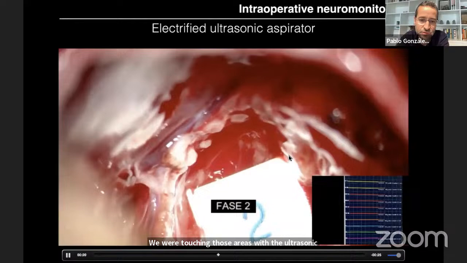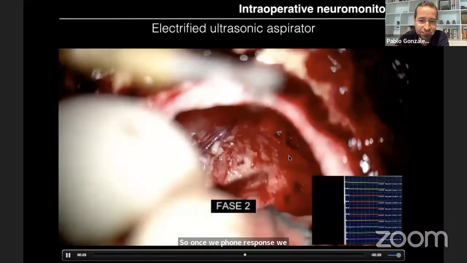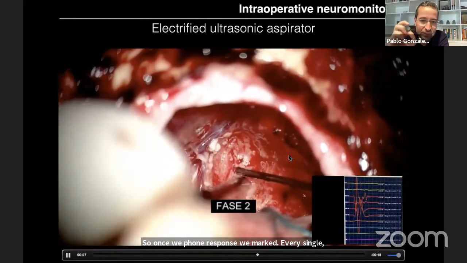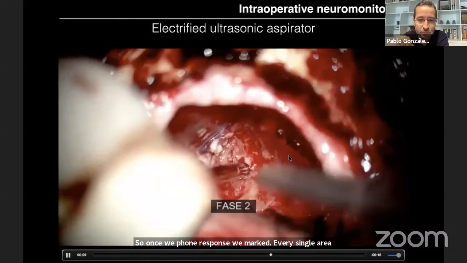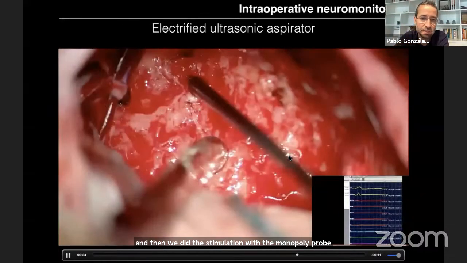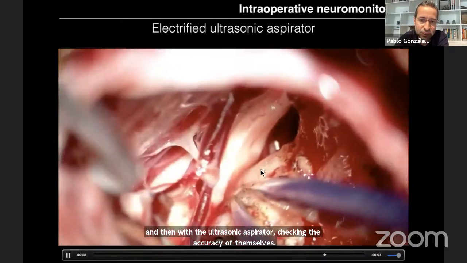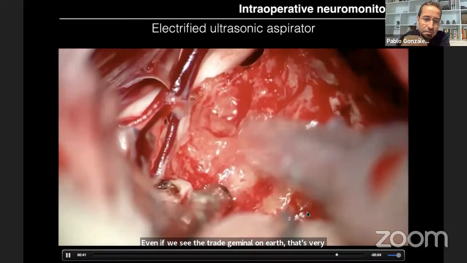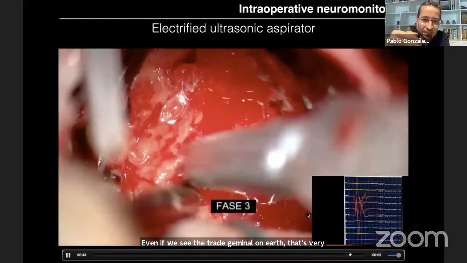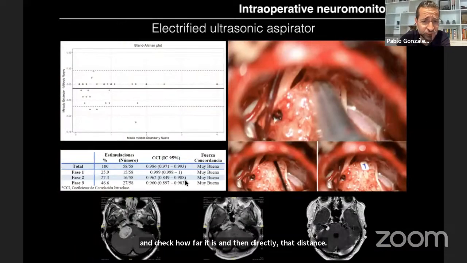Once we found some response, we marked every single area, and then we did the stimulation with the monopolar probe and then with the ultrasonic electrified aspirator, checking the accuracy of both. Even if we see the trigeminal nerve, that's very good, because we can stimulate through the tumor and check how far it is, and then directly measure that distance. These were the results, and the concordance was quite high in all cases.